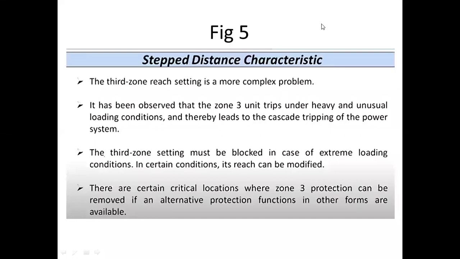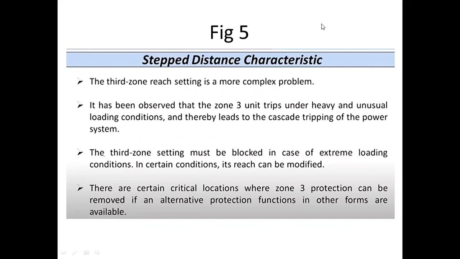We have discussed the step distance relay, that there are three different zones of the distance relay. The first zone is instantaneous in nature, whereas the second and third zones are time delay zones with some value.